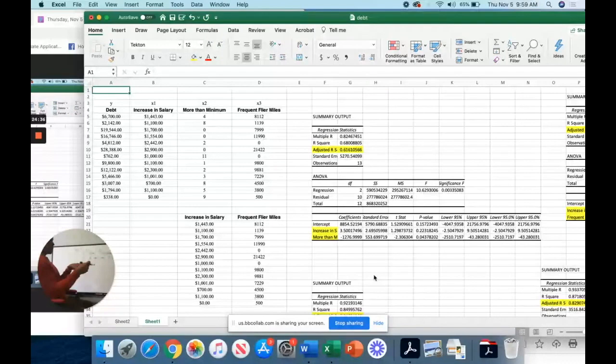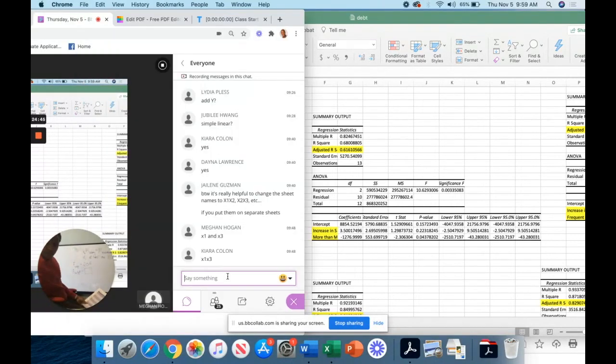Is anybody getting something different? I got 4.10. 4.10. I got 3.86.